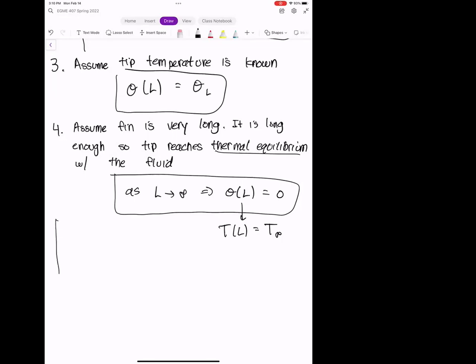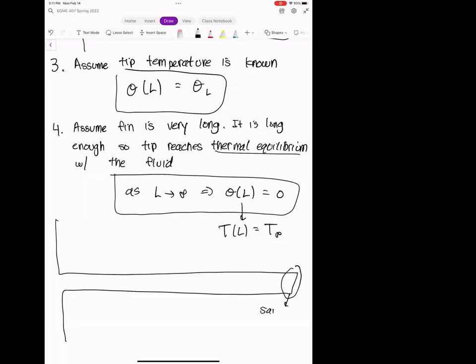Okay. So if we draw a situation here, we have a long fin. Eventually, when we reach this point right here, this is going to be the same temperature as the fluid. Okay.